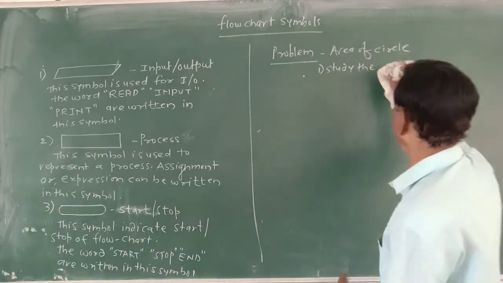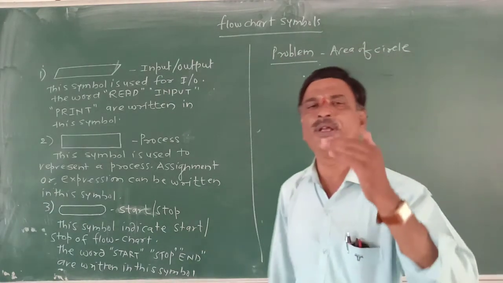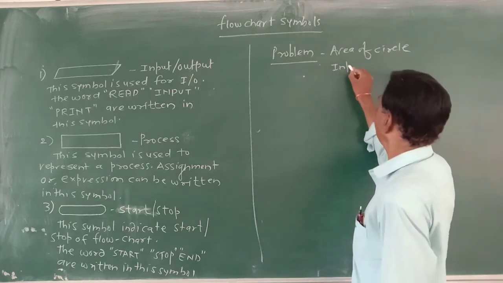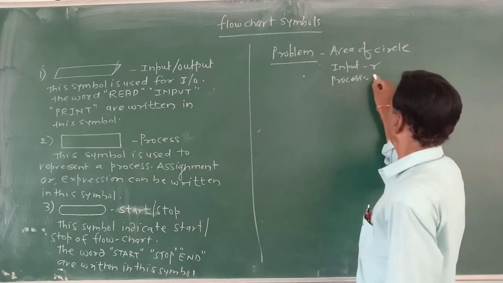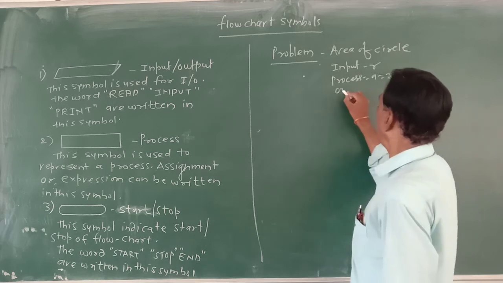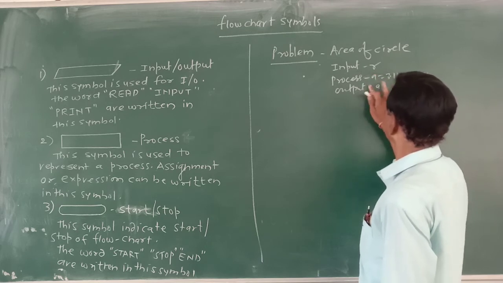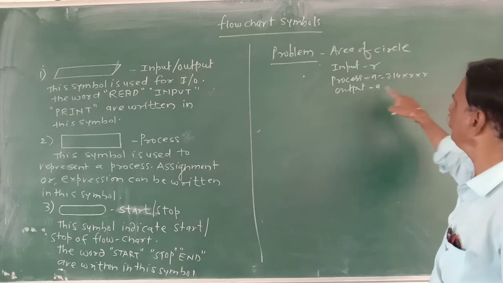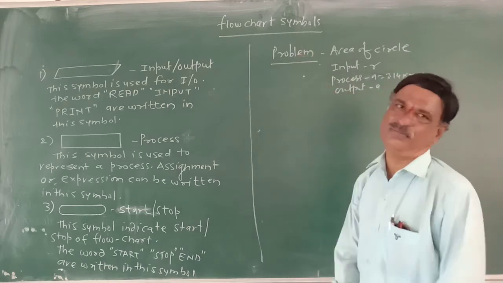After studying it, we conclude the input, process and output. The input required is R, the process is A equal to 3.14 into R into R, and the output is A.